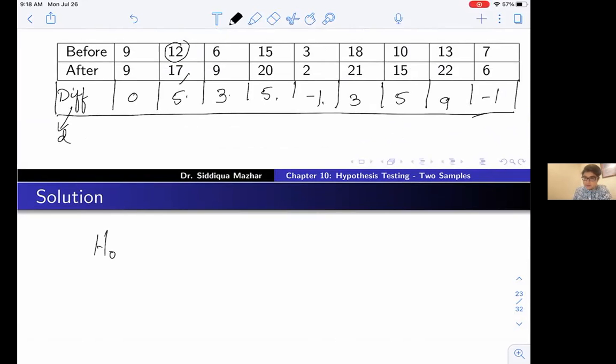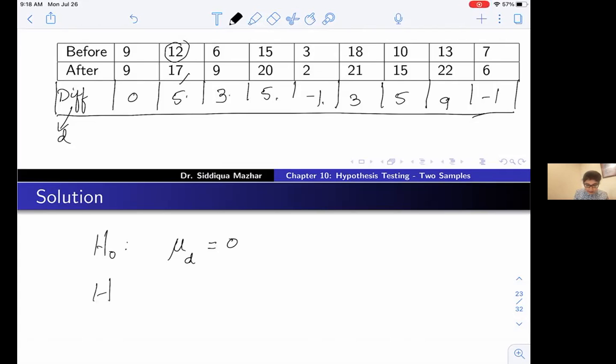So let's say the average of the differences for the study hours is equal to 0. There is no change in their number of study hours. This is because my null hypothesis is associated with the equality sign, so I am going to assign it 0, meaning there is no change.